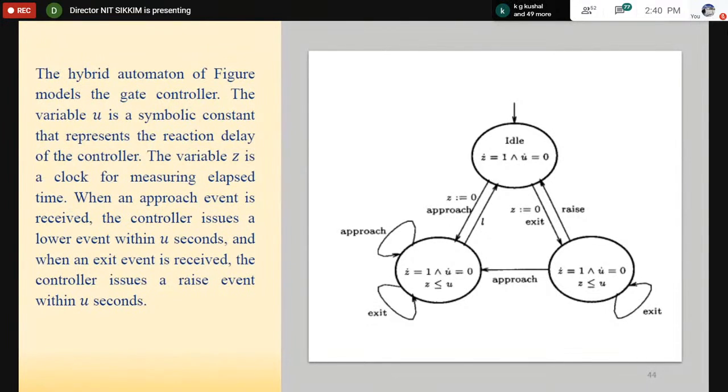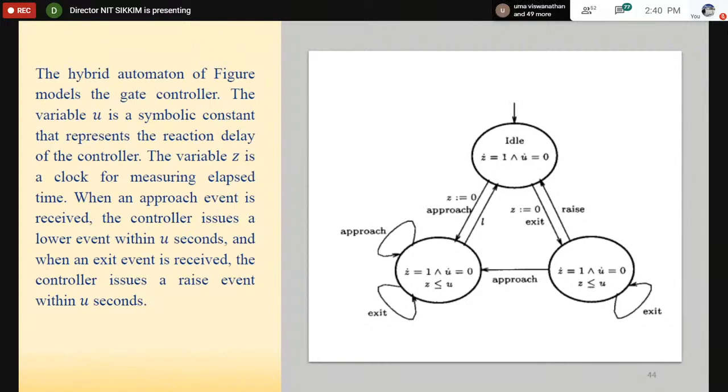Now L is lowering the gate, raise is there, and now what is u? I think this is the clock. So some sort of a clock is associated with every state, and you use a delay. How much delay is possible in a system? Your gate must be closed, must be raised within the time of u.